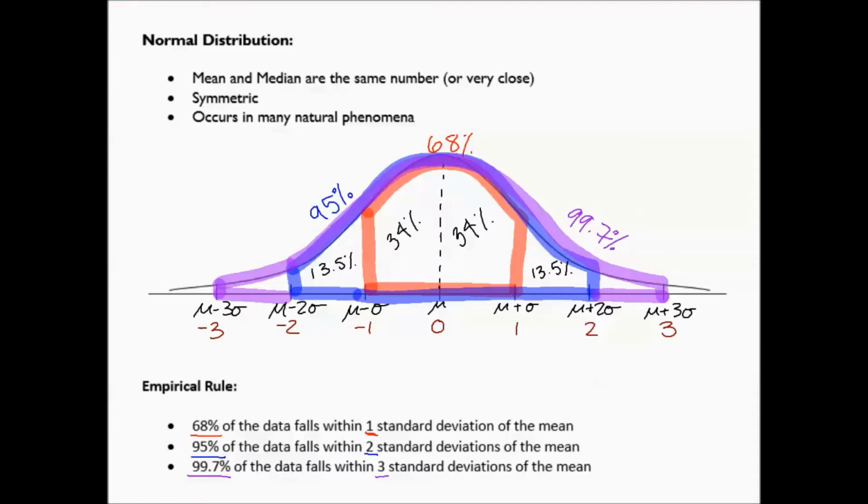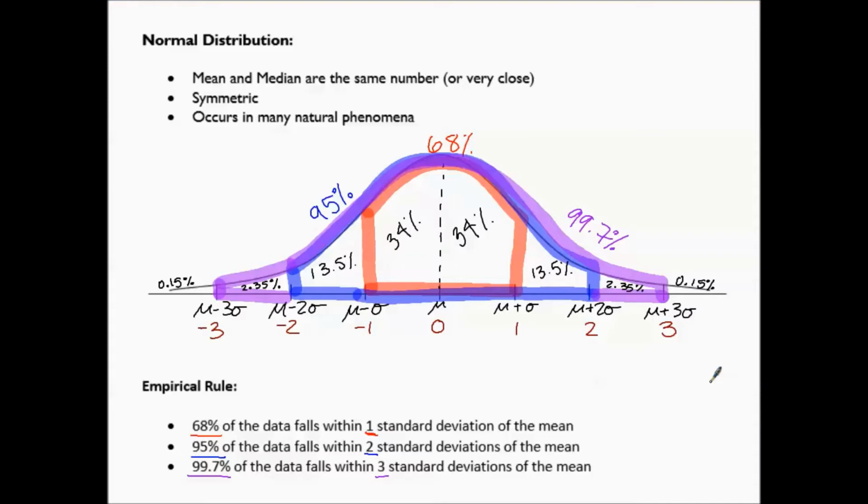And again, if we do the math, subtract out the 95% that we've already accounted for and divide by 2, each of these little sections is 2.35% of the total data. That means that on each end, 0.15% of data has a z-score of less than -3 or greater than +3. So those are very rare values.